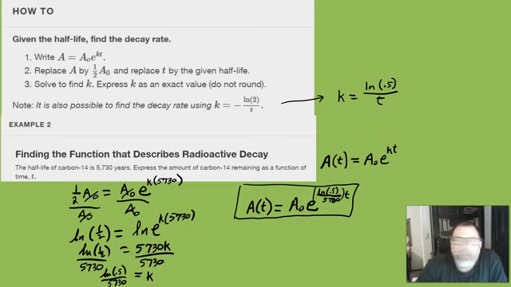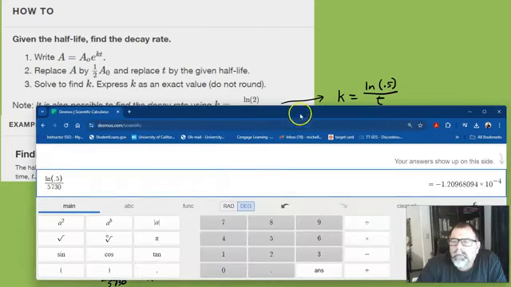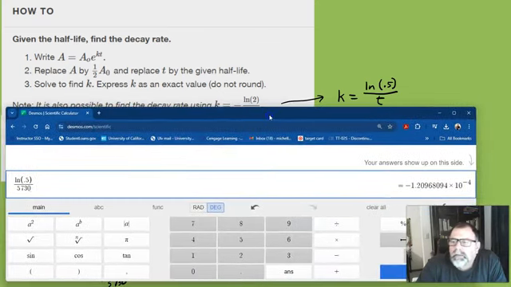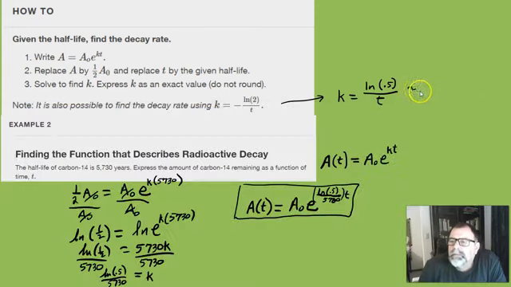In fact, let's do that just so we know. Okay, so we can see it's negative 0.000121, rounded to 6 decimal places.